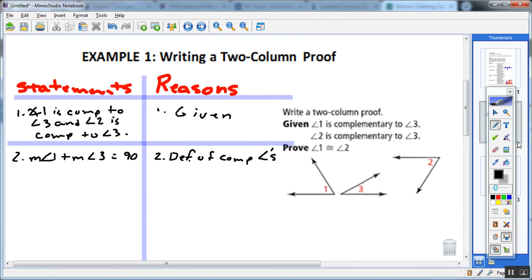Say it again, Audrey, so I can hear you. The measure of angle 2 plus the measure of angle 3 equals 90. So step number 3: the measure of angle 2 plus the measure of angle 3 would equal 90.